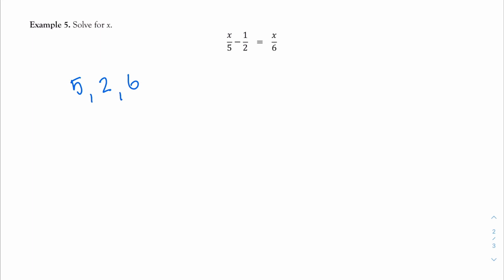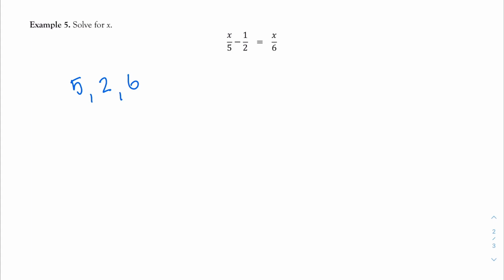So I want to find the least common denominator between these 3 fractions. In other words, I want a number that 5, 2, and 6 all go into. If I compare these 3 numbers, the first number that comes to mind for me is 30. So let's write that as a note.